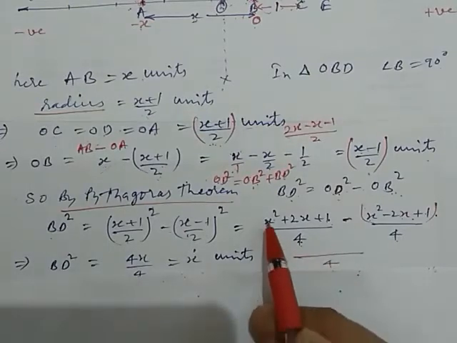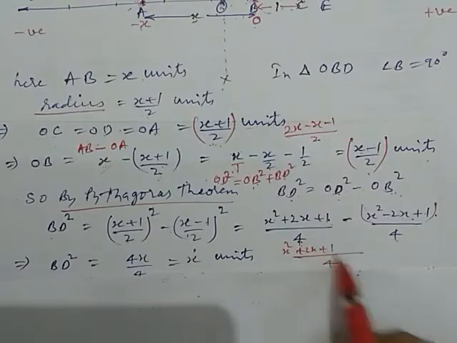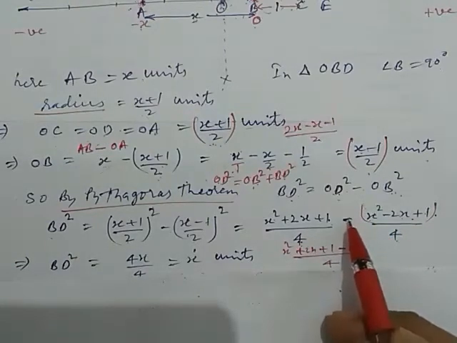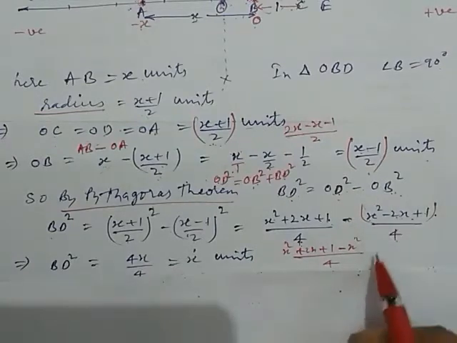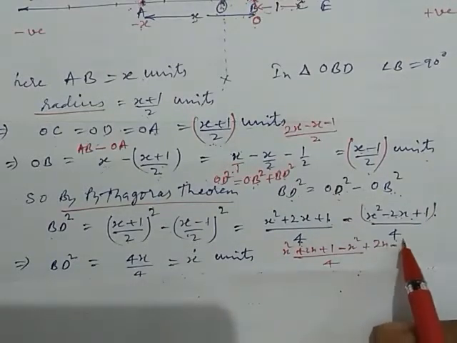here? I can solve x square plus 2x plus 1, this minus into this: minus x square, minus into minus is plus 2x, and minus into plus is minus 1.